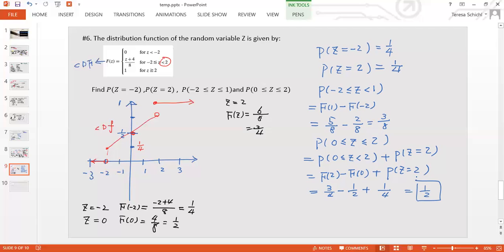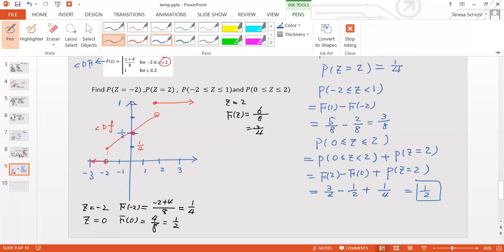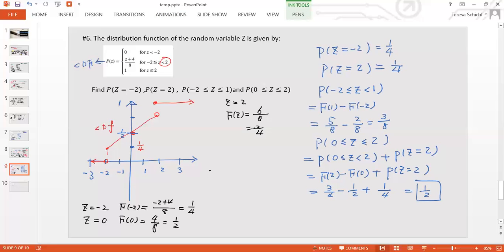Okay, so here is my f of z, my PDF. This is a very interesting PDF. This PDF is the combination of discrete random variable and continuous random variable. Let's try to write it out. So the first one is 1/4 when z is equal to -2. I shouldn't say f of x, because this is a z.